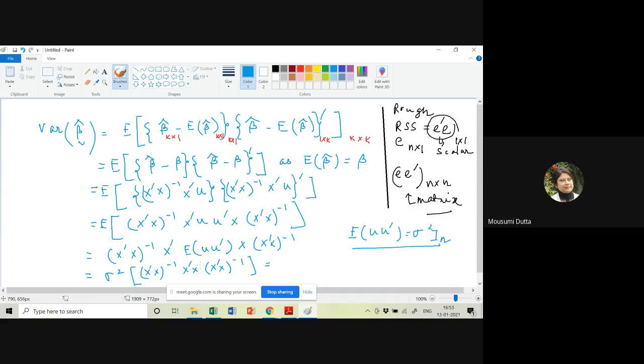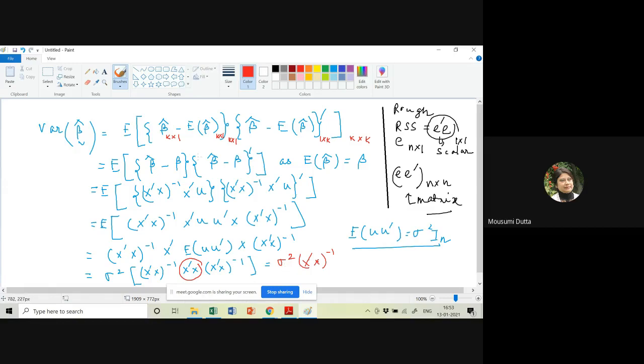So if this is okay with you, in that case, X prime X can be adjusted with X prime X inverse. So I can adjust this term with any one of these two inverses. Finally, what I'll get is given by sigma square X prime X inverse.